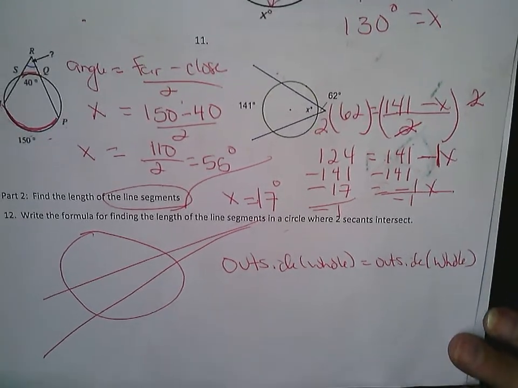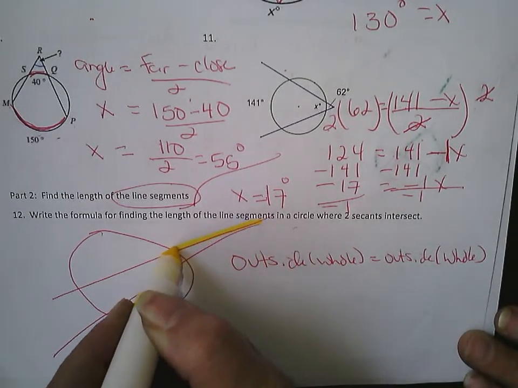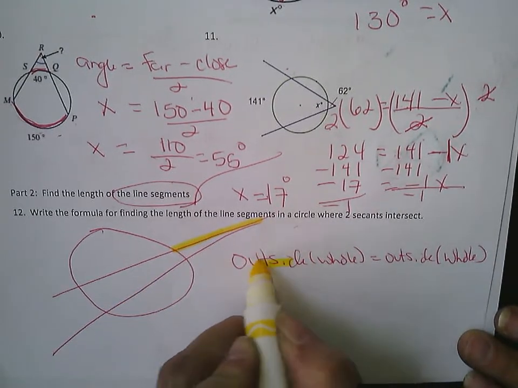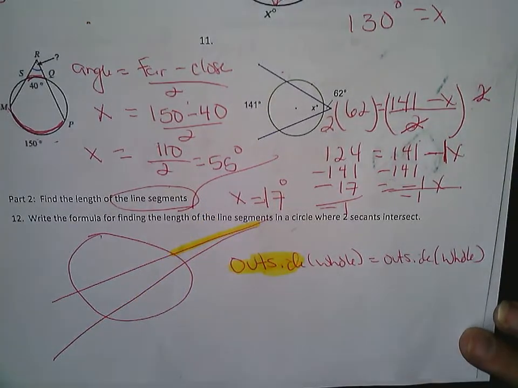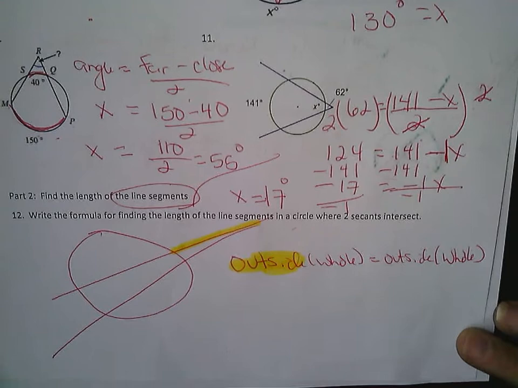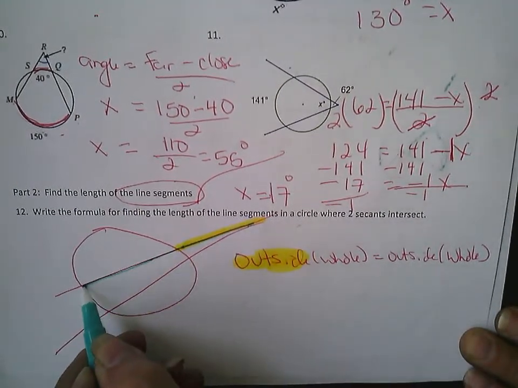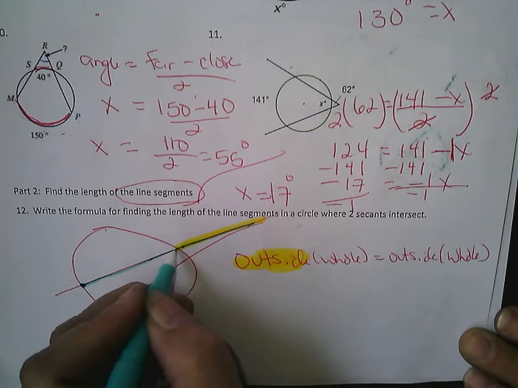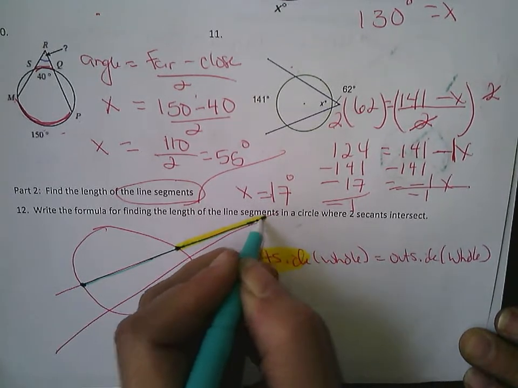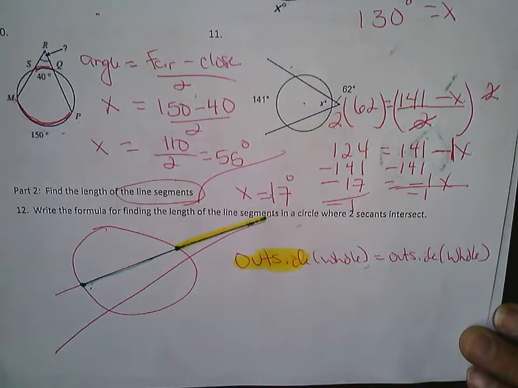So what does this all mean? This line value right here is our outside value. The length of this line is the outside. The whole is the entire thing, so it's the outside and the inside added together.